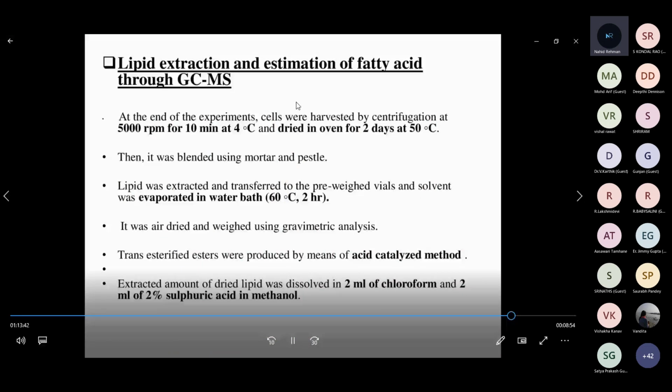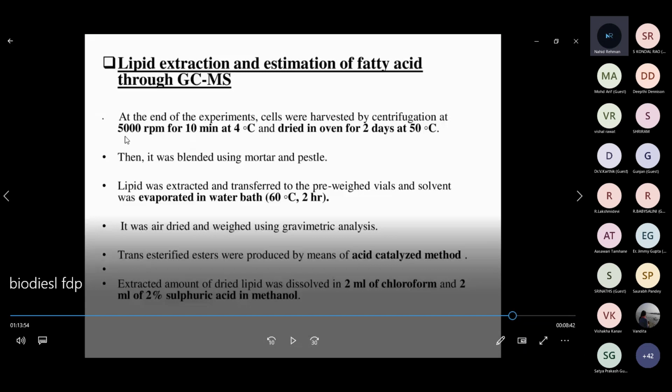So after that, you have a sufficient quantity of cells. So you harvested it by centrifugation at 5000 rpm for 10 minutes at 4 degrees, and then you dried it for 2 days at 50 degrees centigrade, and then it was blended using mortar and pestle.